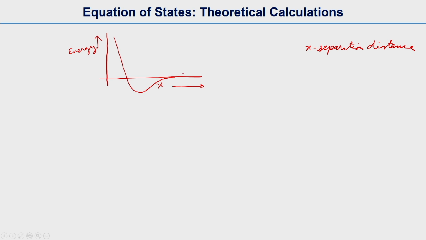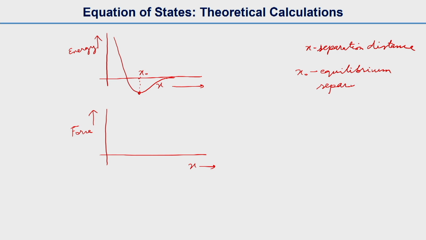It looks something like this. This is the point of minimum energy, and this separation distance, let's say x naught, is the equilibrium separation distance. That means the atoms will be at equilibrium if they are separated by that distance.